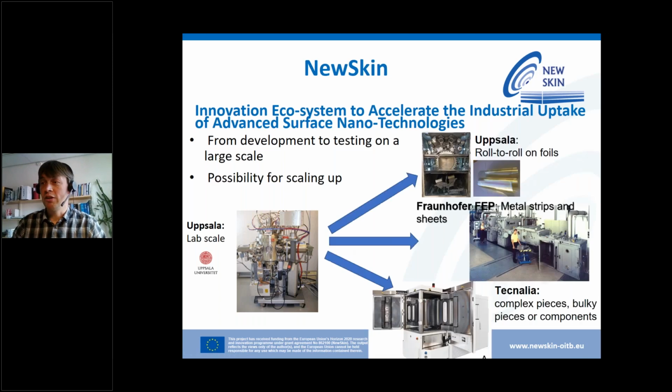But in NewSkin, we are going to make one step further. Specifically here in Uppsala, we are addressing roll-to-roll deposition of thin films on foils. But there are also other partners in the NewSkin consortium, and in this context, it's important to mention the Fraunhofer Institute, which can grow thin films on metal strips and sheets.